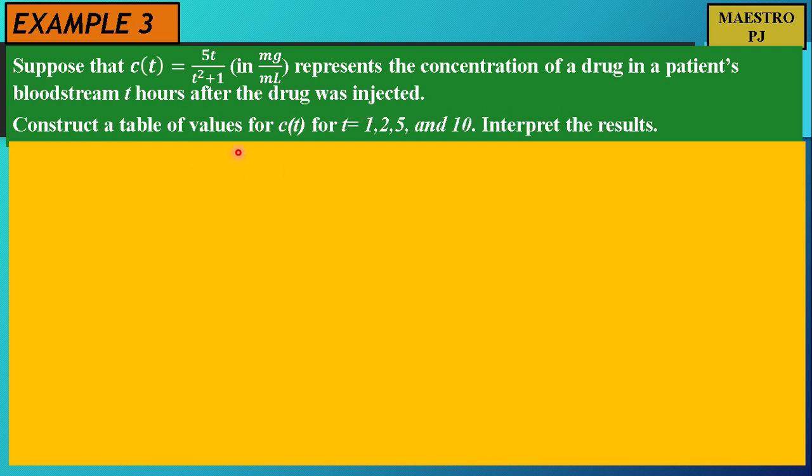Construct a table of values for C of t for t is equal to 1, 2, 5, and 10. And then we're going to interpret the results.